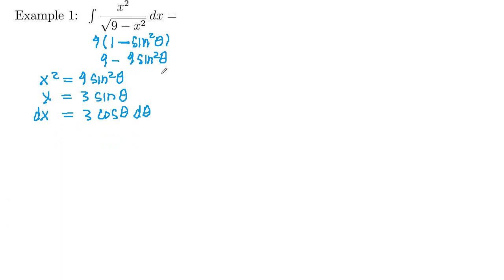So now we'll start to change our integral over. The x squared on the top is 9 sine squared, so the numerator will be 9 sine squared. In the denominator, we've got the square root of 9 minus x squared, which is the same as 9 times 1 minus sine squared, so go ahead and put that in the square root. And then our dx out on the end, 3 cosine theta d theta.